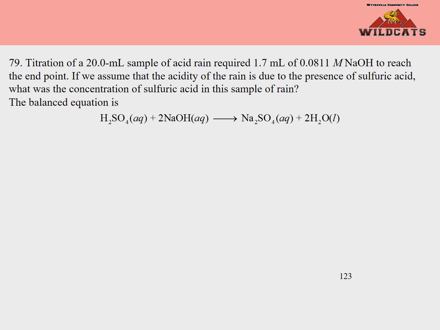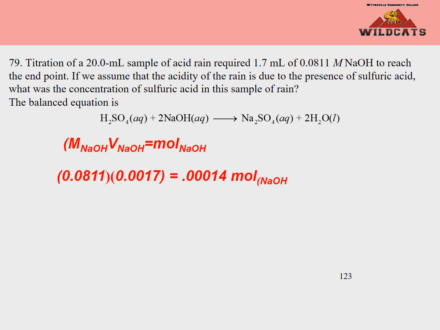So in this case, we're going to titrate some acid rain, and most of the acidity in that rain comes from sulfuric acid. So here's a balanced equation. We can find the moles of sodium hydroxide by taking the molarity times the volume. Remember, convert that 1.7 milliliters into liters. So it's 0.0017. And I end up with a really small amount of sodium hydroxide, 0.014.